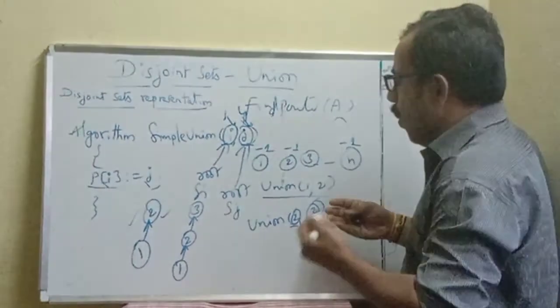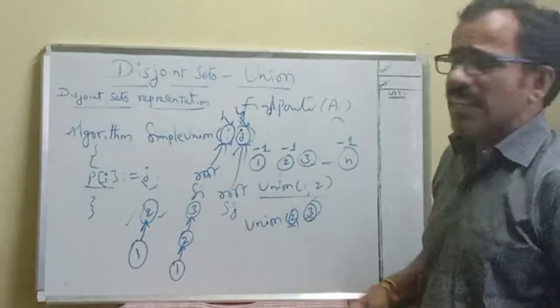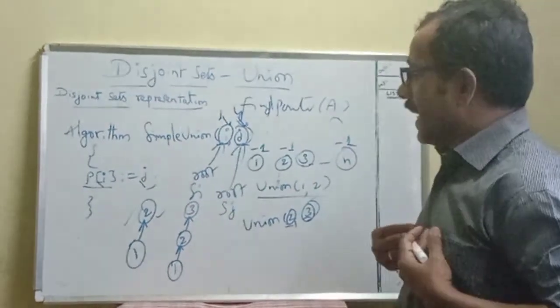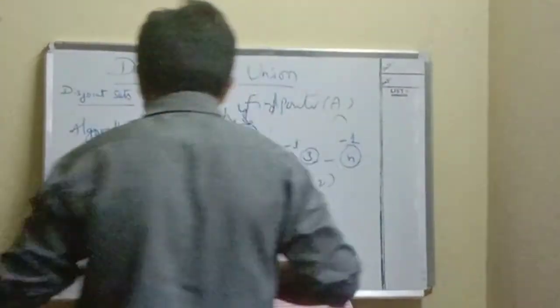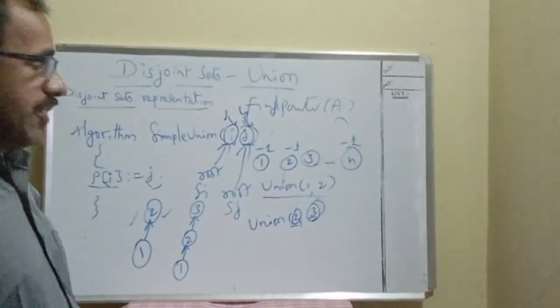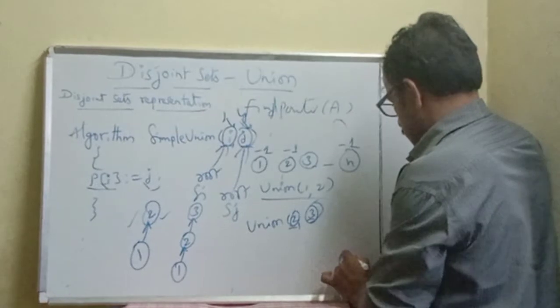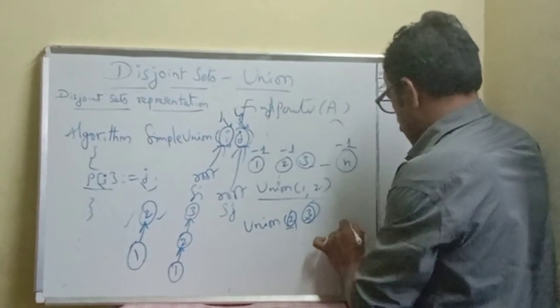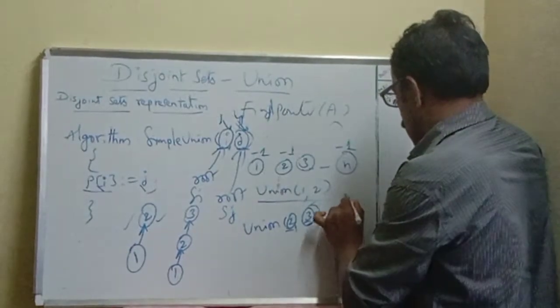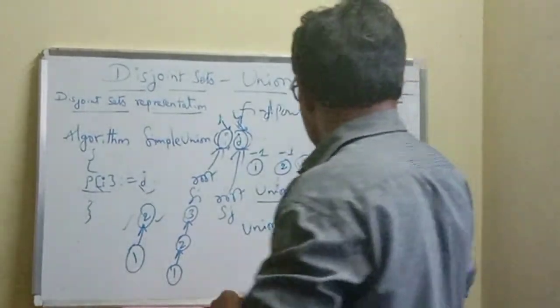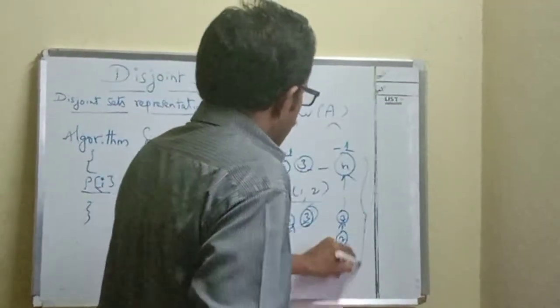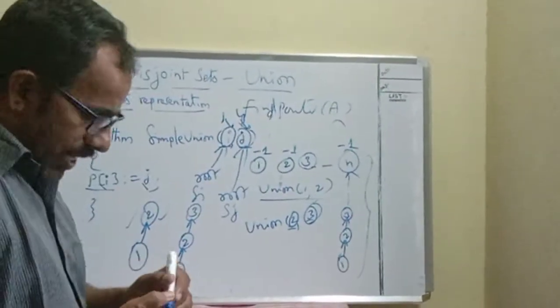If you go on applying this simplest union procedure, I get only a one-branch tree structure. I will show you here: 1 connected to 2 in the first union, connected to 3 in the next union, and so on up to n. By using the simplest union, this tree I can get.